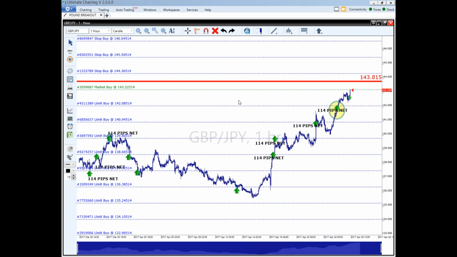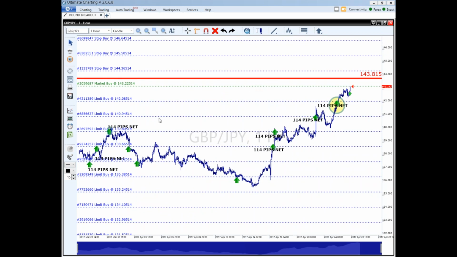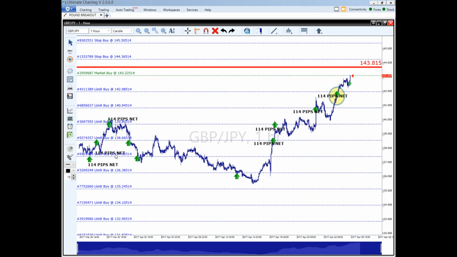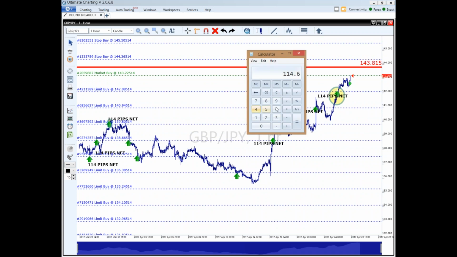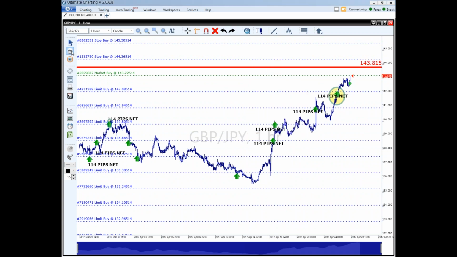Tap in a Y or a yes if you like here what you see so far, how this works and how this can work for you. 1, 2, 3, 4, 5, 6, 7. So we got 114 times 7, which is 798 pips in the last 7 trades there.